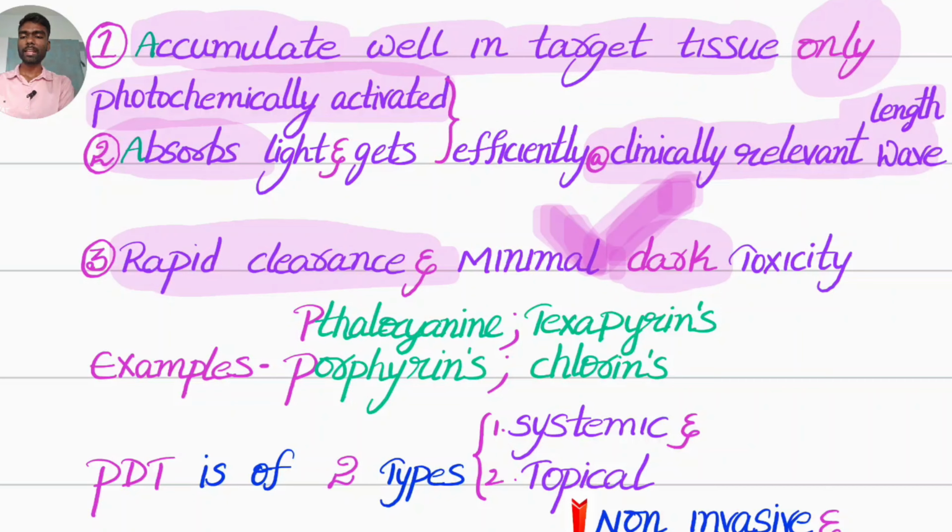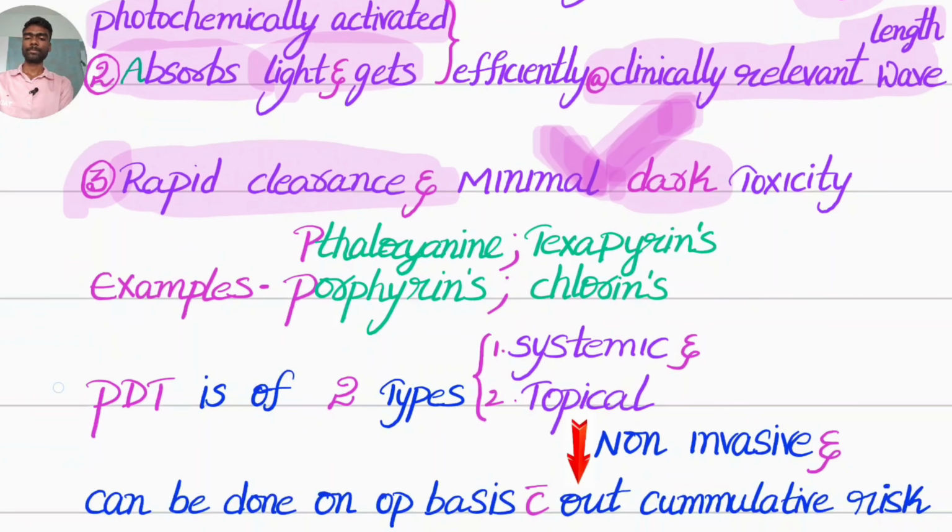It should get rapidly eliminated from the body after use. If it is inside the body and we are going to work and exposing to light, we may get harmful effects. So we have to eliminate the photosensitizer from the body as fast as possible. These are all the ideal properties of a photosensitizer.